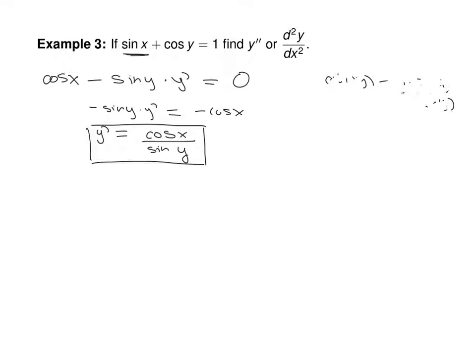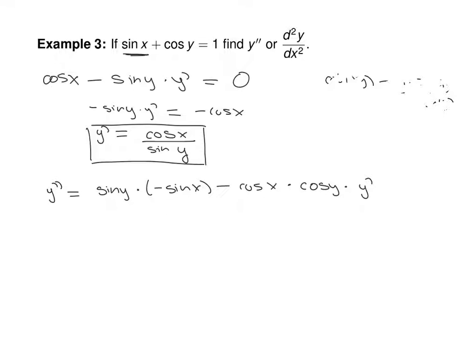Okay, so to get the second derivative, what rule do you have to use? Quotient rule. You could use the product rule and the chain rule, but I'm just going to use the quotient rule. So y double prime is, we avoid the quotient rule a lot, low d high, minus high d low, which is cosine y times y prime.